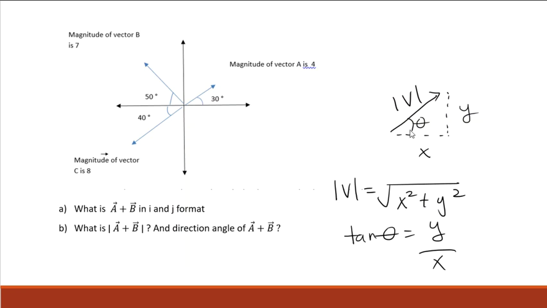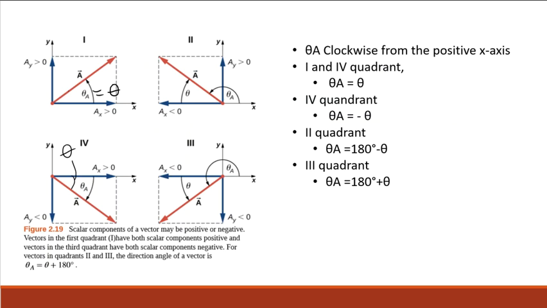And to find this theta, it is the opposite length over the adjacent length. So tan theta equals y over x. That gives you this theta angle. Okay, so the direction angle depends on what quadrant your angle is in. For example, if your vector is in the first quadrant, that means a positive x and a positive y.